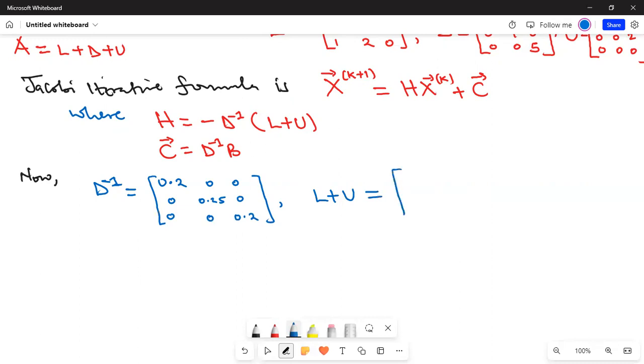When you add L and U, you get 0, 2, 1, 1, 0, 2, 1, 2, 0. So now we need H. You can say that therefore H is equal to negative D inverse times L plus U.